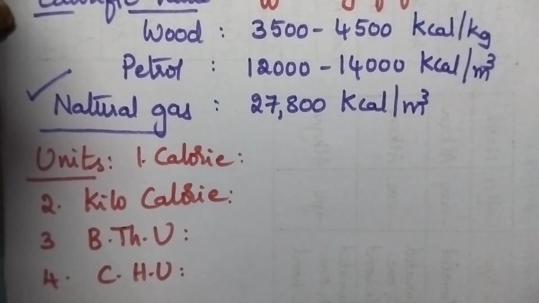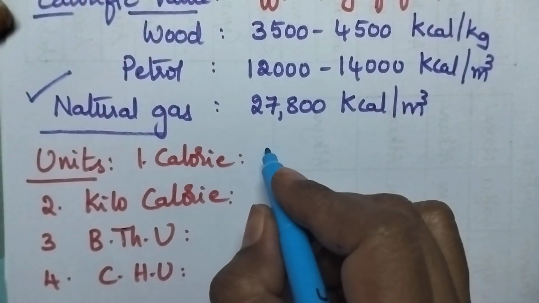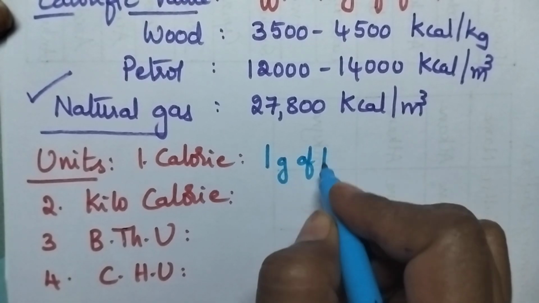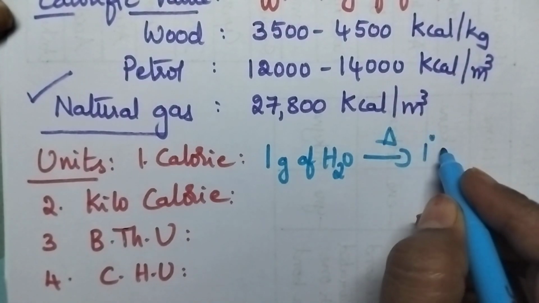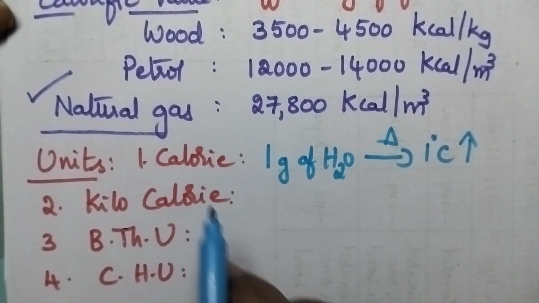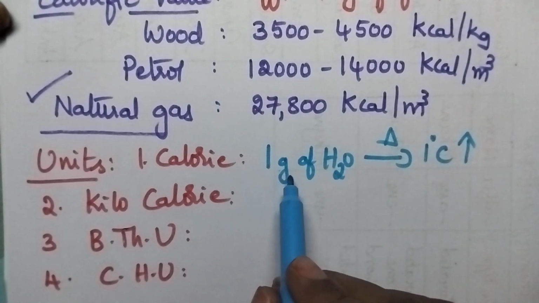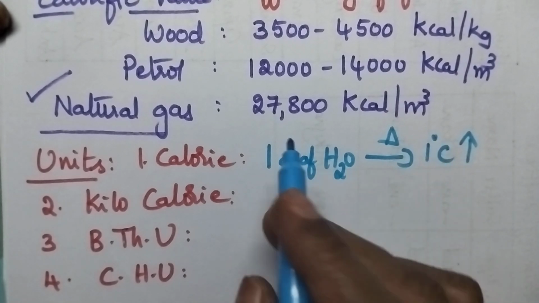So, coming to the calorie, calorie means it is the amount of heat required to raise the temperature of 1 gram of water through 1 degree centigrade.